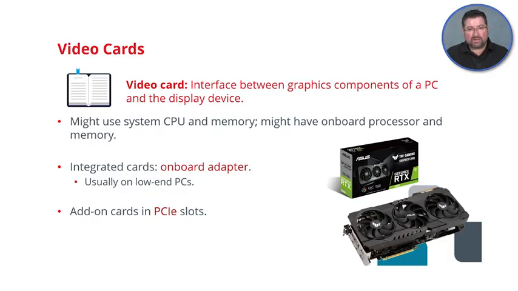Once we calibrate whatever resolution that this video card and your monitor can accept, we're going to produce the best visual display available. So it might use system CPU and memory. That's an onboard processor.